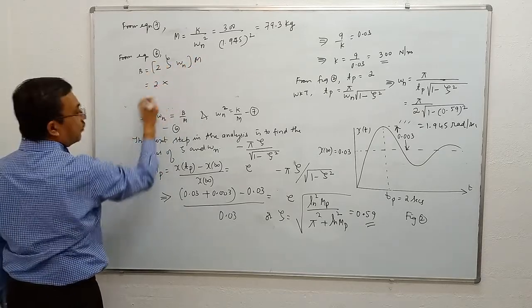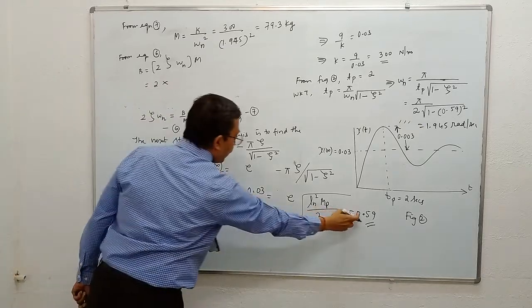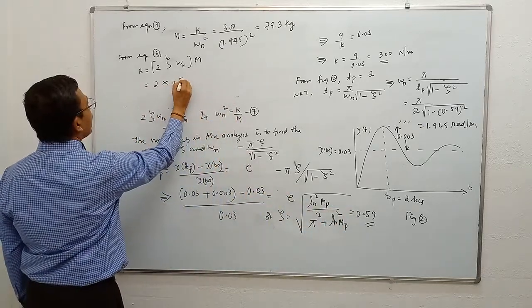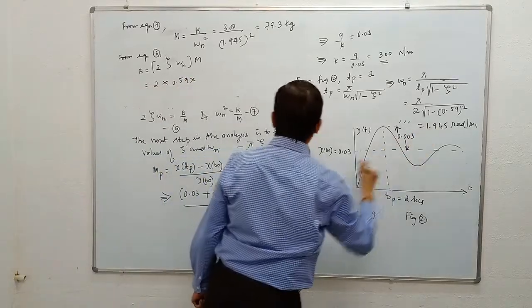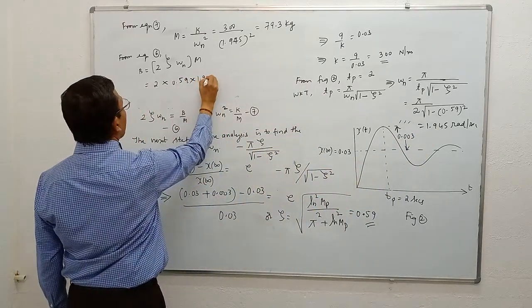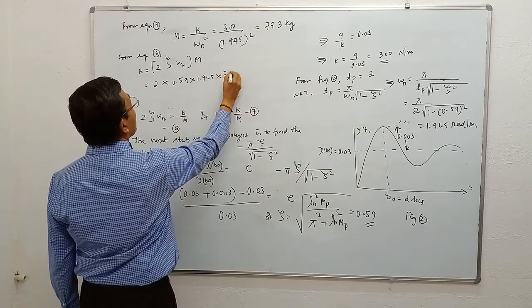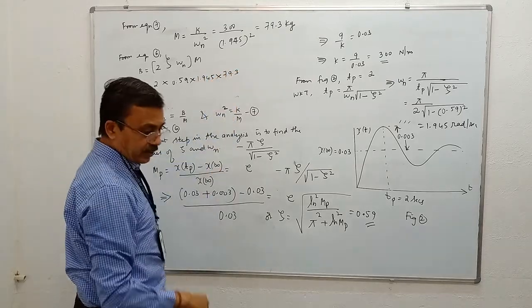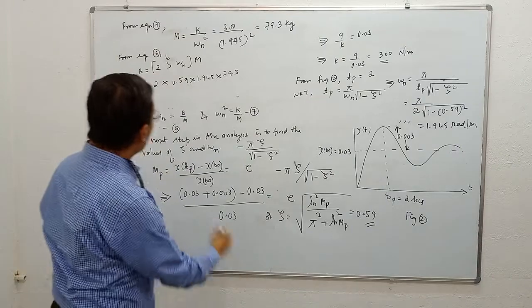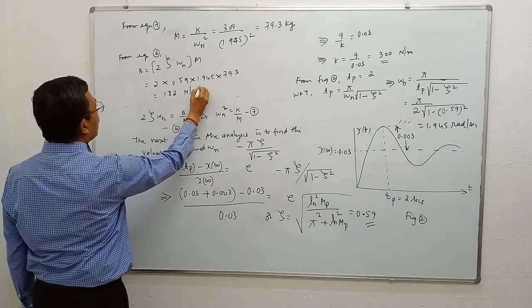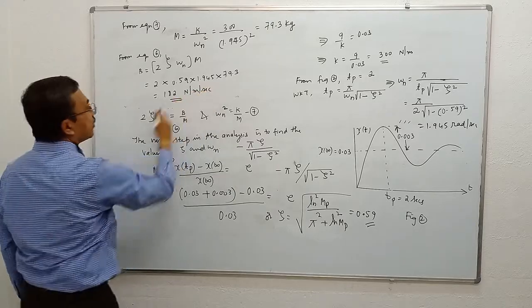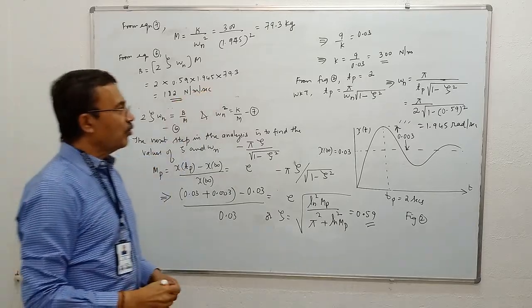So zeta is 0.59, omega n is 1.945 and m is 79.3. You will get the answer as 182 newtons per meters per second. Like this, the problem is solved.